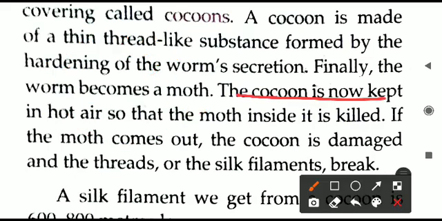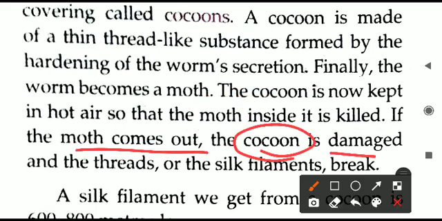Now the cocoon is kept in hot air so that the moth inside the cocoon is killed. If the moth comes outside, then the cocoon will be damaged, and then that cocoon will not be useful to us. So the cocoon made by the worm is kept in hot air so that whatever moth is inside will die.